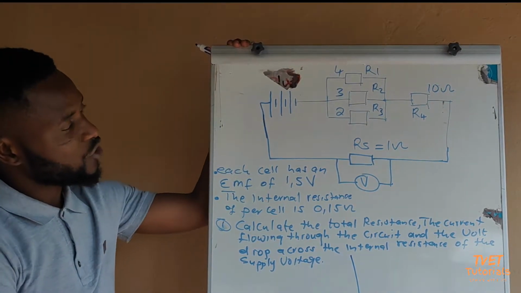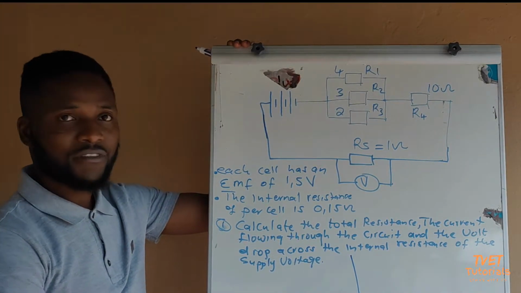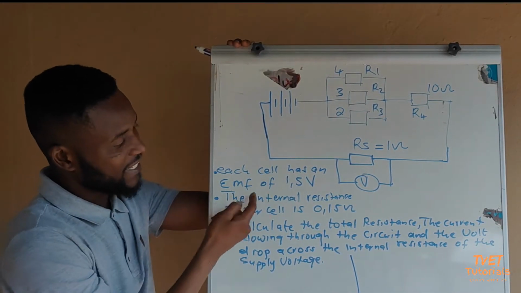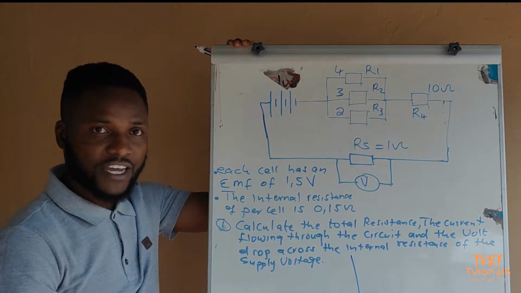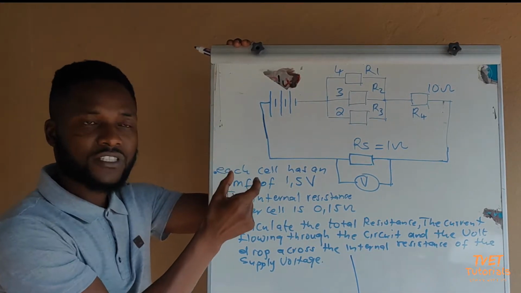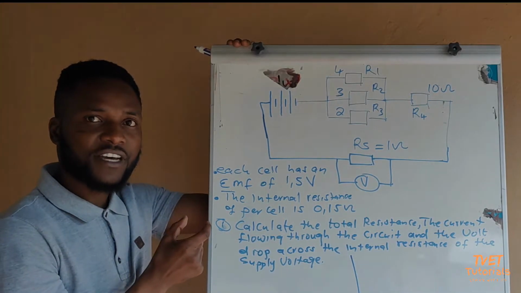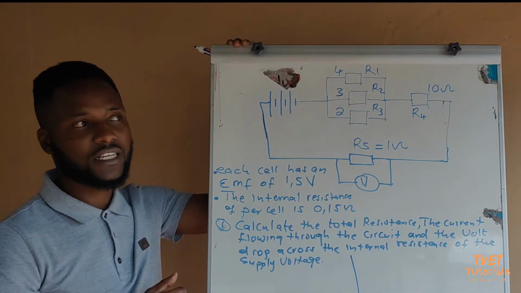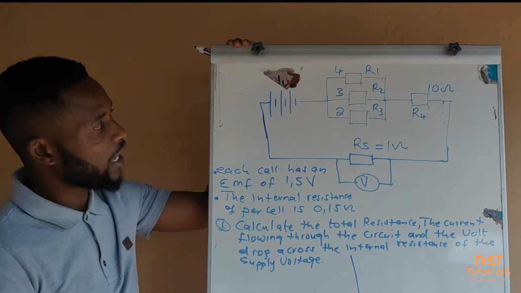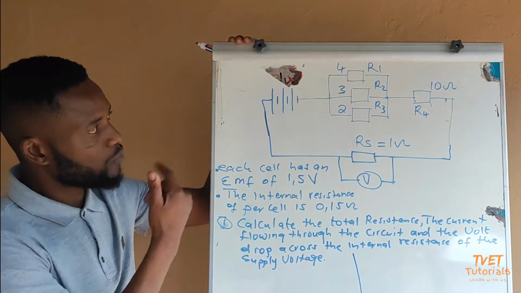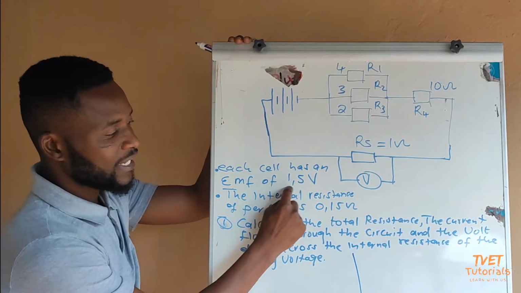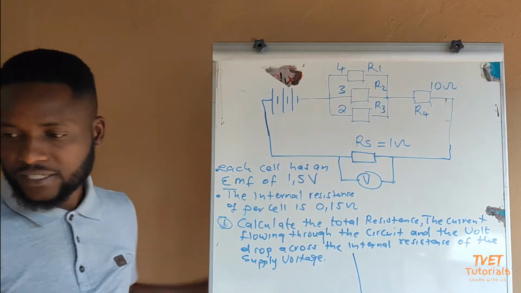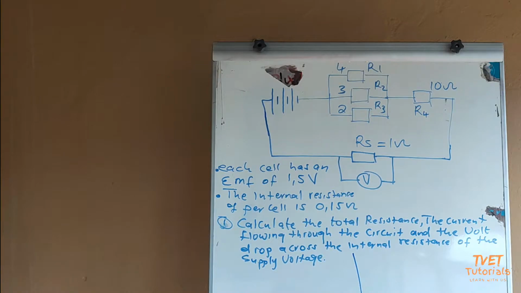As you can see, we have a battery that consists of 3 cells. We are told here that each cell has an EMF of 1,5, so the voltage across each cell is 1,5. You can clearly see that the total EMF has to be calculated by considering the number of cells you are given. You are going to multiply the number of cells by the voltage across each cell, so we can do that using our calculator.